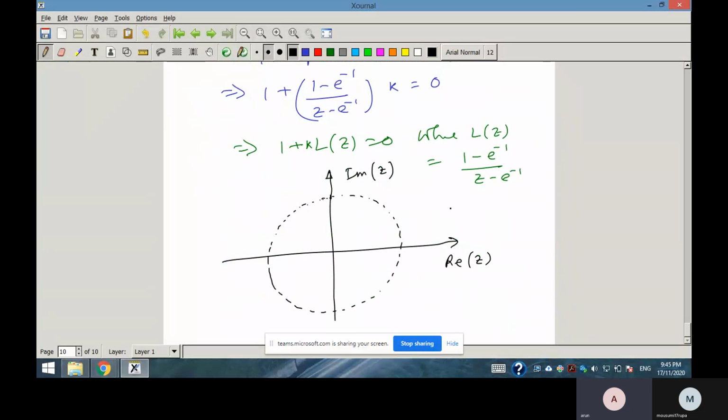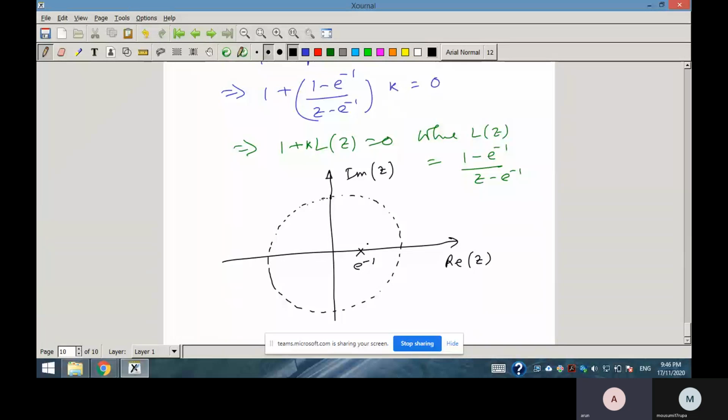The open loop pole is z equal to e to the power minus 1. You have to find the e to the power minus 1 value first. e lies between 2 and 3, so e to the power minus 1 will be somewhere here.